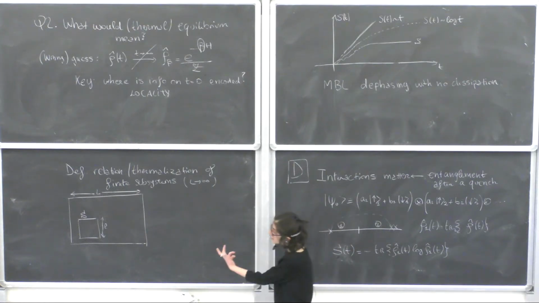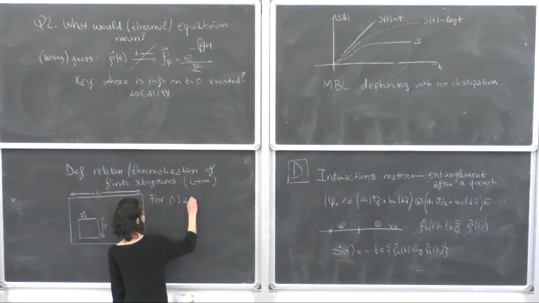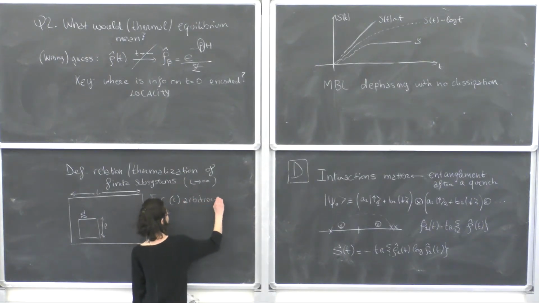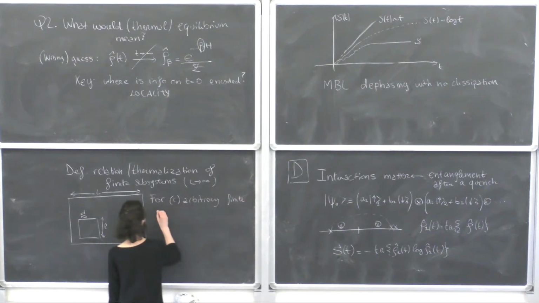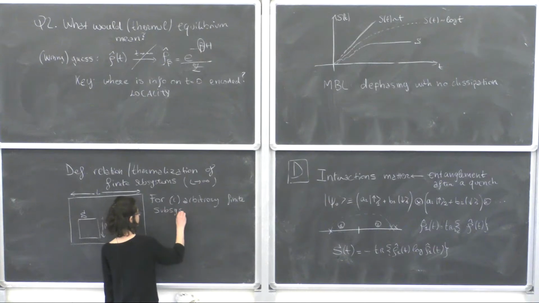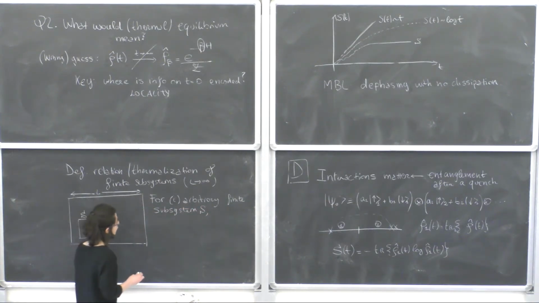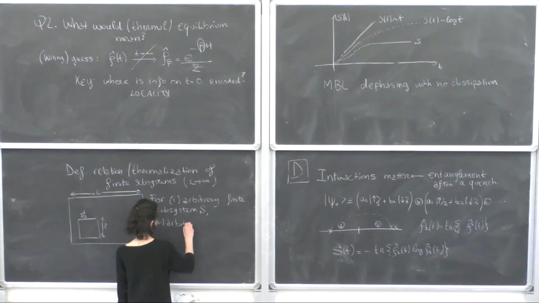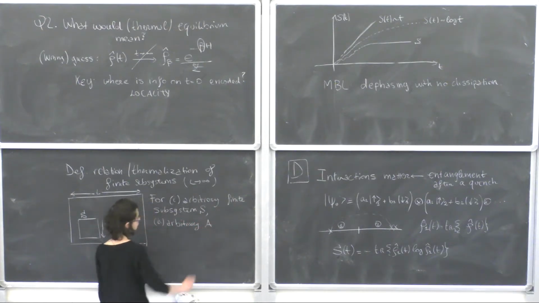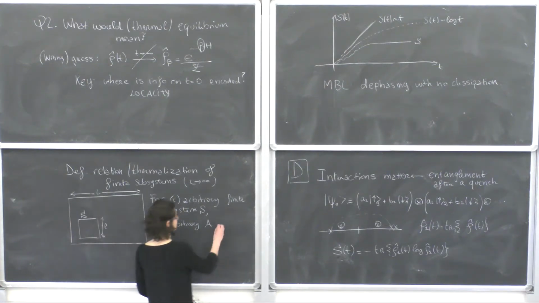And I want to define some convergence that should hold for an arbitrary finite subsystem S, for an arbitrary observable that I call A, so arbitrary operators which are supported on the subsystem.